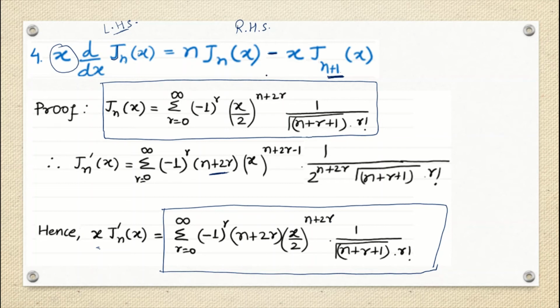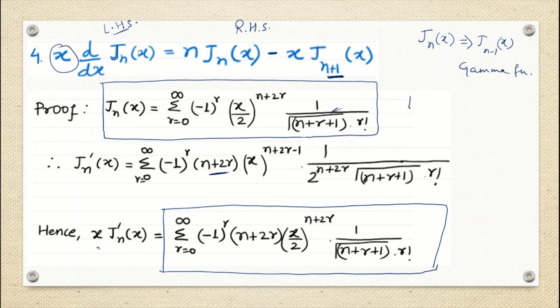Okay. So like how we said in the previous reconciliation, that when you have to come from J n x to your J n minus 1 x solution, you focus on this gamma function, right? You have to focus on this gamma function and reduce it by 1, right? So go back to its previous term, that means n plus r, gamma n plus r, right?